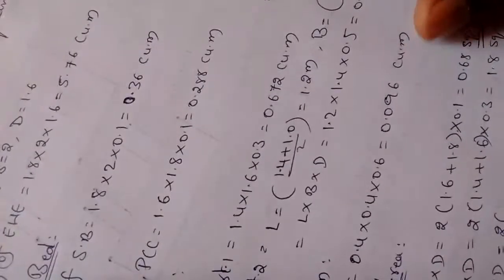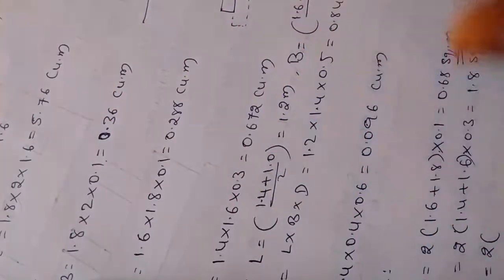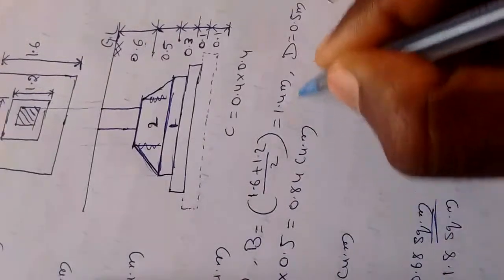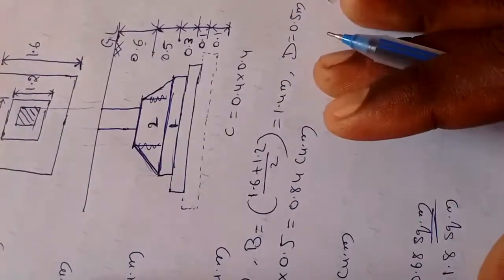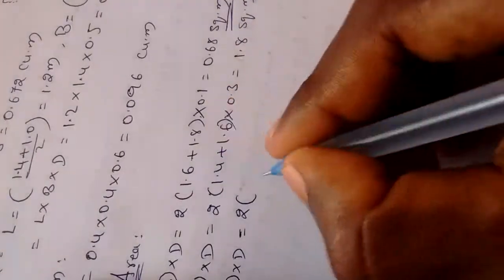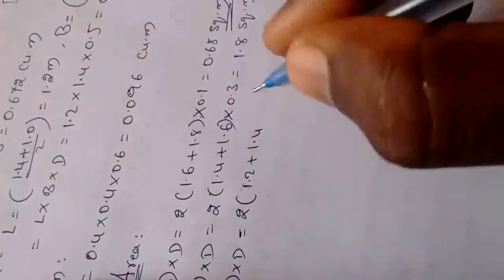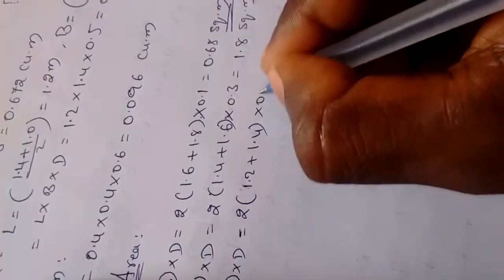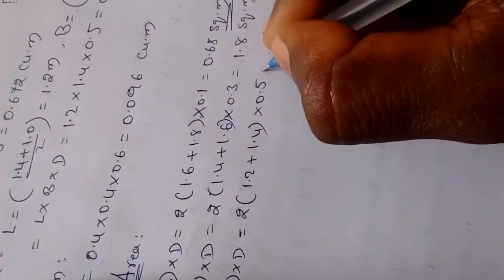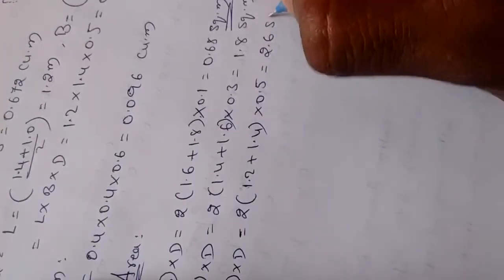We already found length 1.2 meters and width 1.4 meters. This is trapezoidal, so these values are substituted: 1.2 meters plus 1.4 meters. Depth of footing is 0.5 meters. Total you get 2.6 square meters.